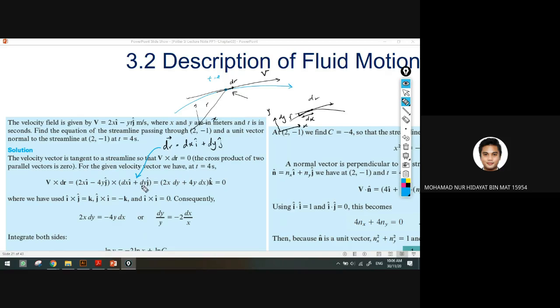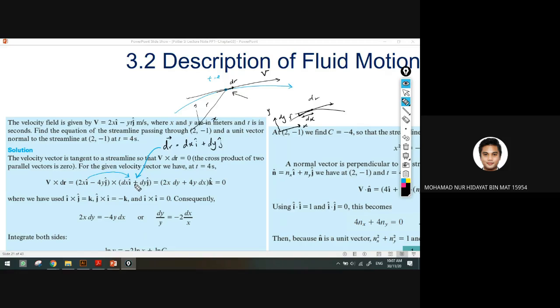From here, 2x, you multiply I with I. What happens when you take the cross product of I with I? You will get 0. So it is nothing. Let's work this out.